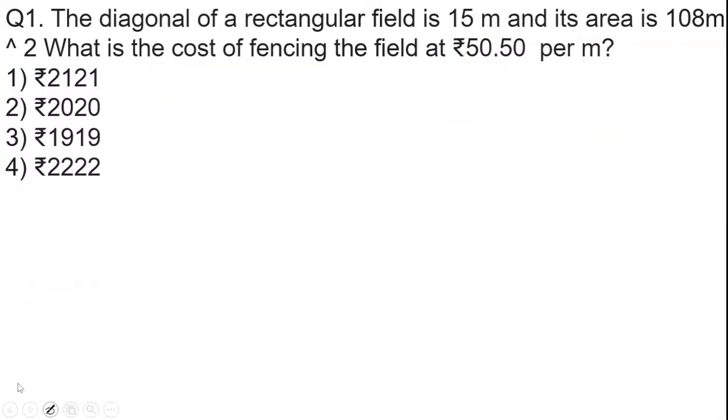The first step that you have to do here is, just give me a second. I'll draw a small diagram of a rectangular field and a diagonal that we have to take as 15 meter.